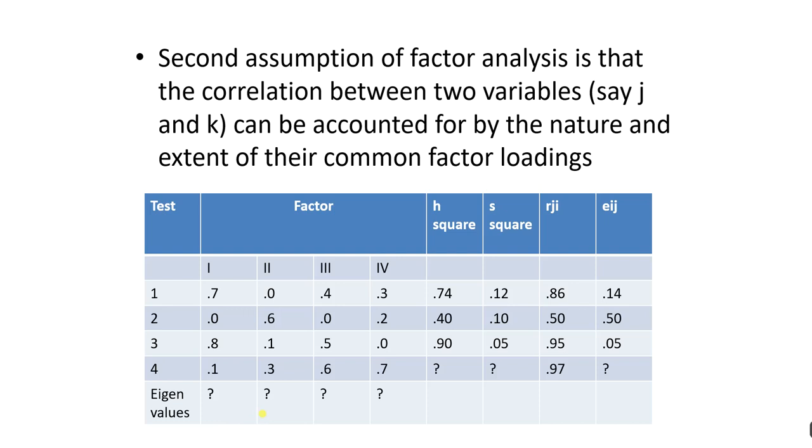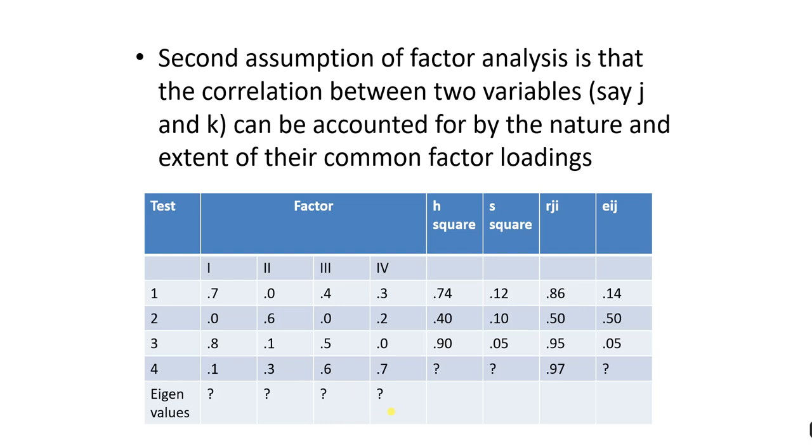So in this slide we have learned a few terminologies. Factor structure matrix, factor loadings, that is the values that represent the relationship of a variable with the factor. Communality H square, which is the sum of squared factor loadings of a given variable across factors. Specific variance, reliable variance, error variance, and eigenvalue.